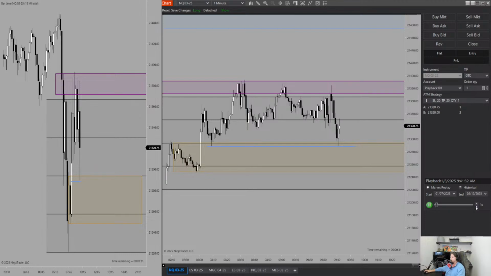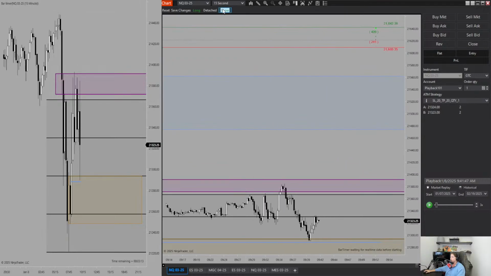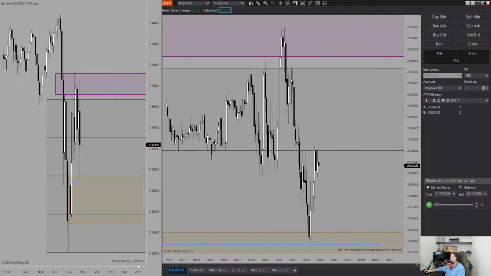Okay, rejected. This is tough because I like this spot for a long, but we're gonna have to go down to a lower time frame. All right, we're gonna close this ES trade. Order cancelled. I just think it might come back a little bit.